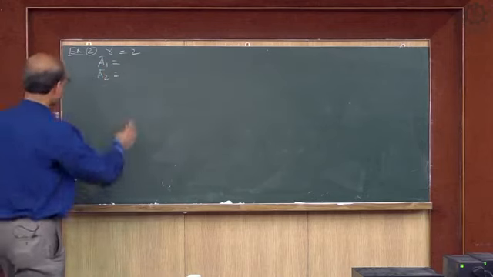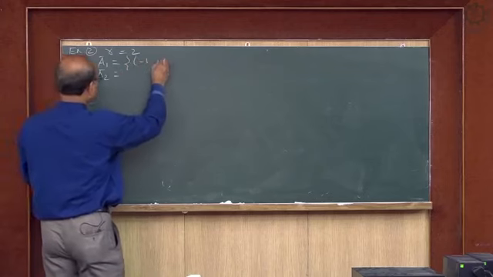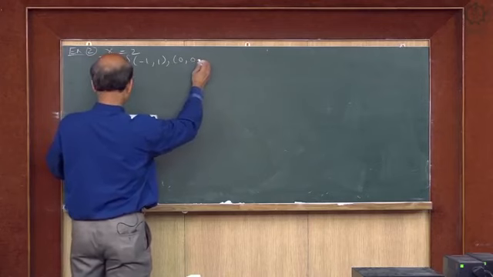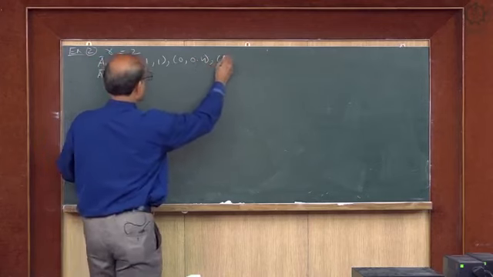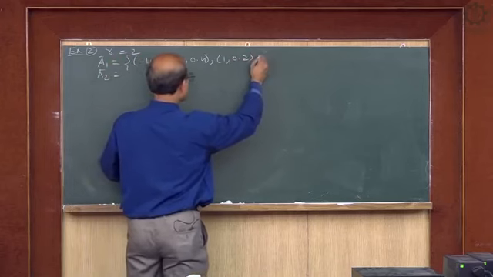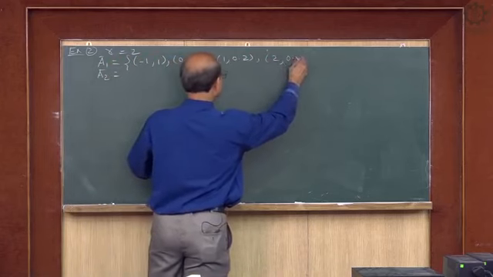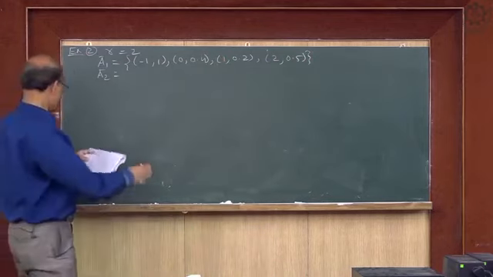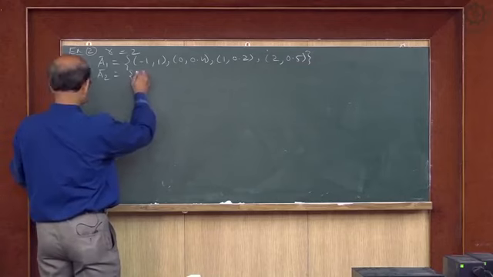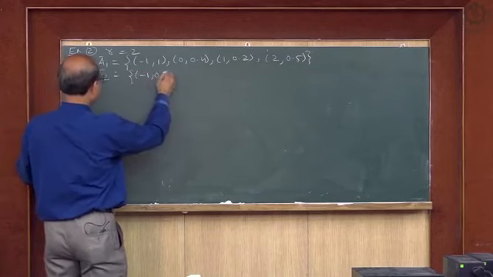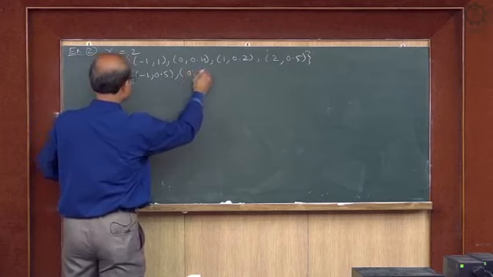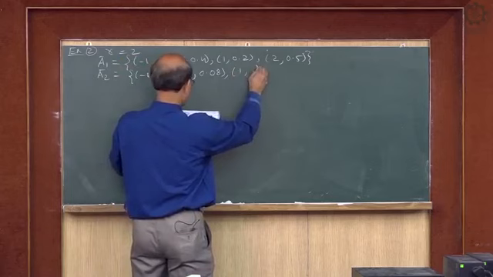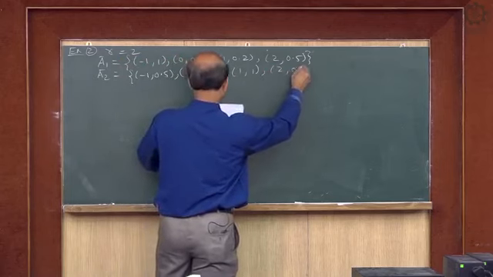So A1 bar is given as, suppose, -1 with 0.4, 1 with 0.2, 2 with 0.5. This is your first fuzzy set A1 bar. A2 bar is -1 with 0.5, 0 with 0.8, 1 with 1, 2 with 0.4.